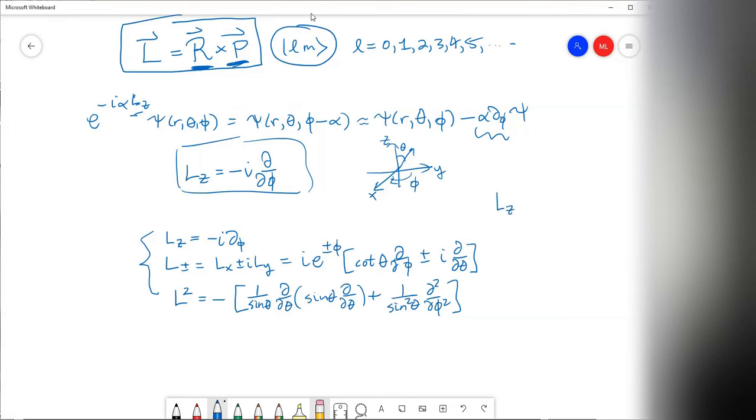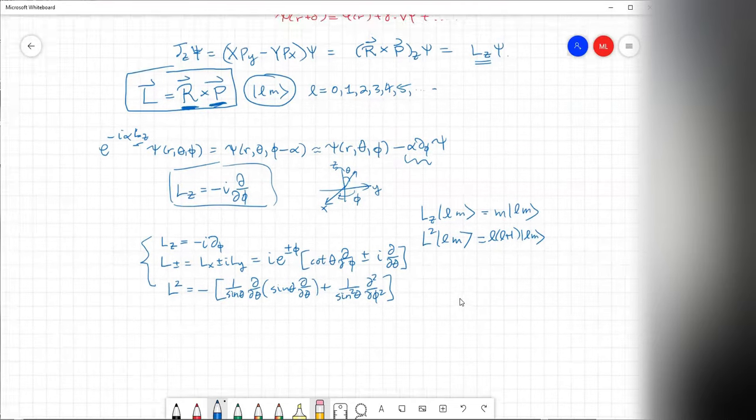LZ acting on |l,m> gives m times |l,m>, and L squared acting on |l,m> gives l(l+1) times |l,m>. And when we raise and lower these |l,m>, you get those normalization factors with the square roots.